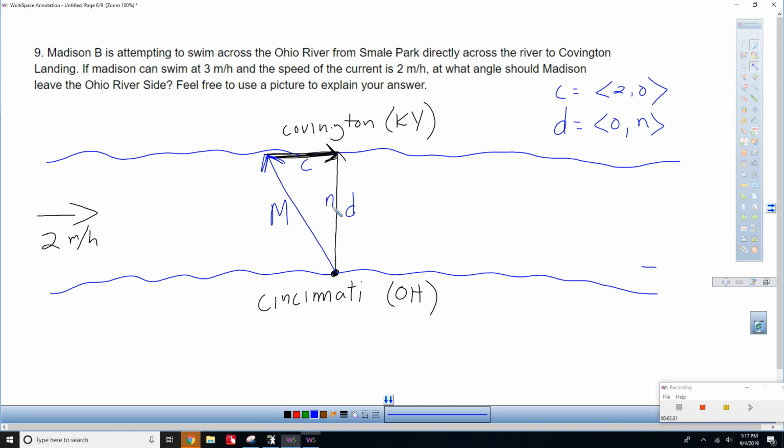Okay? And we know that the magnitude of M, the speed that Madison is able to swim, is 3. Okay? So let's figure out what M is. Well, M is, let's see, -2.